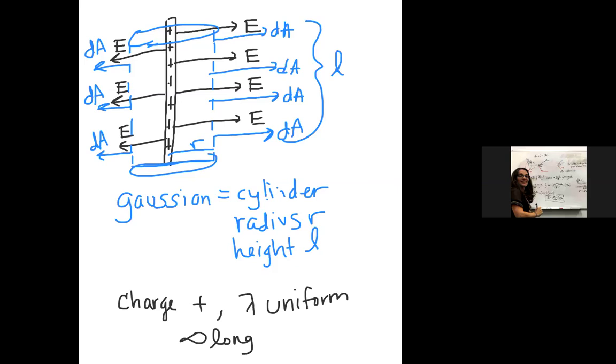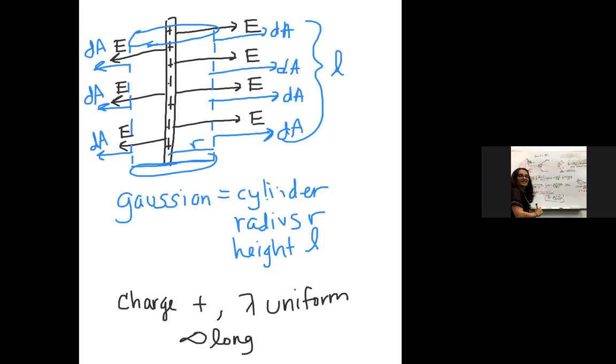Okay, so let's set up Gauss's law. Well, we already set up our Gaussian. Gauss's law says the integral of E dot dA is equal to the charge enclosed over epsilon naught. Why am I choosing my Gaussian outside of my wire?